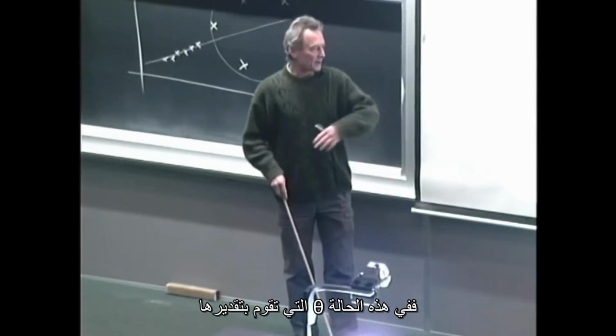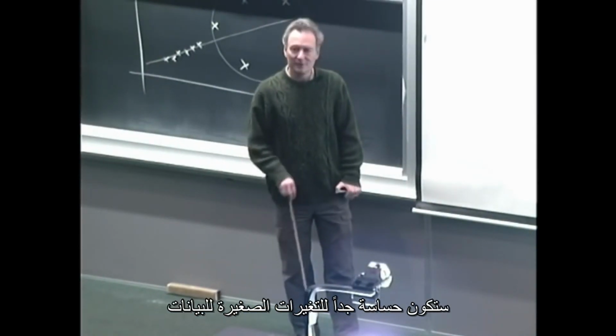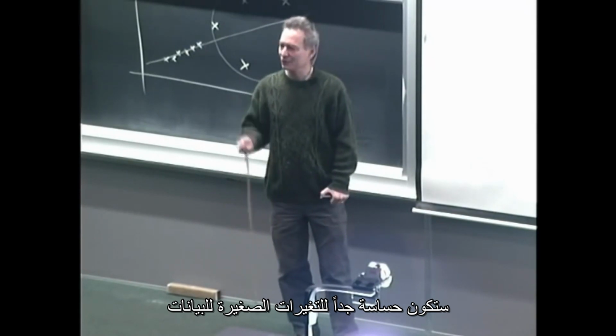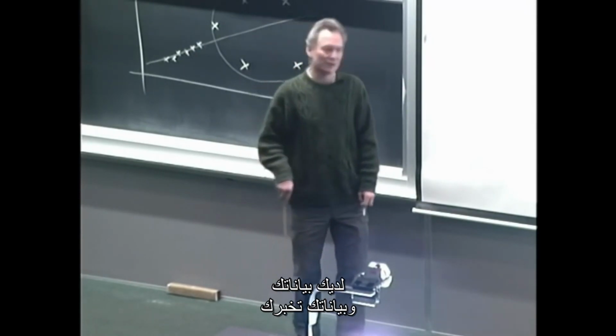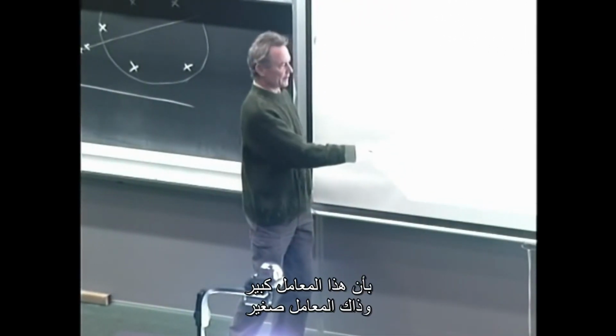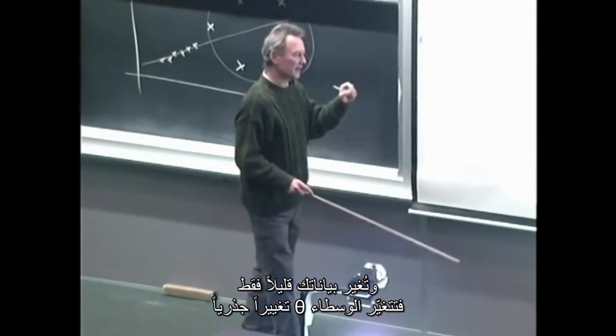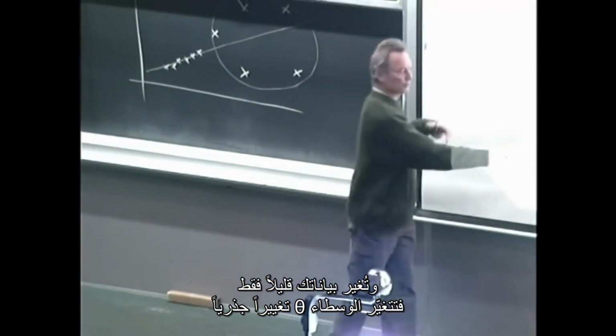So in that case, your thetas that you estimate are going to be very sensitive to little details of the data. You change your data, you have your data, and your data tell you that this coefficient is big and that coefficient is small. You change your data just a tiny bit, and your thetas would drastically change.